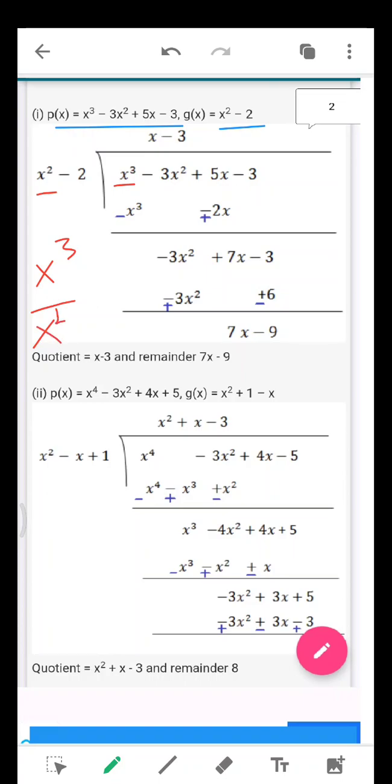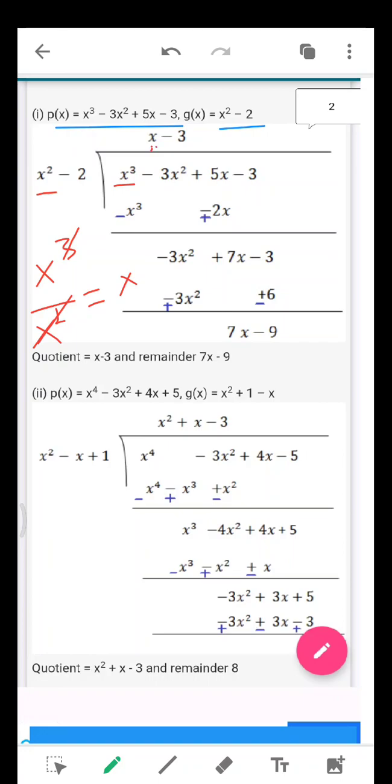So what will I get if I divide x cube by x square? 2 times x gets cancelled here, out of 3, 2 times it gets cancelled, so remains 1x. That x is written over here.